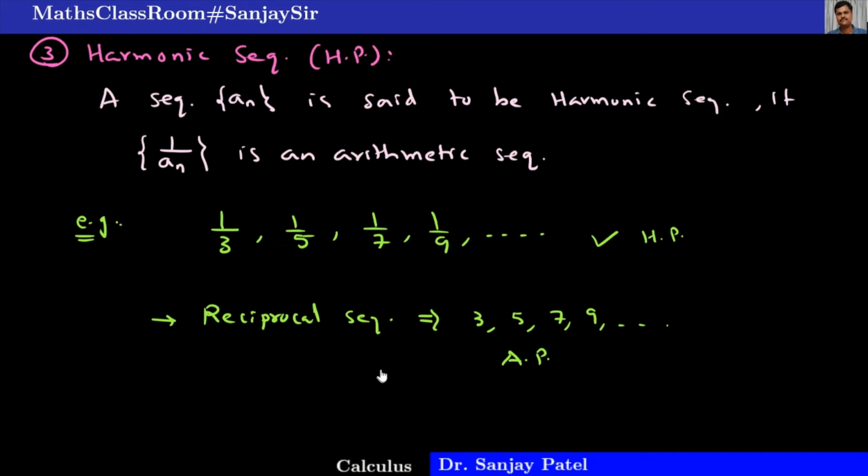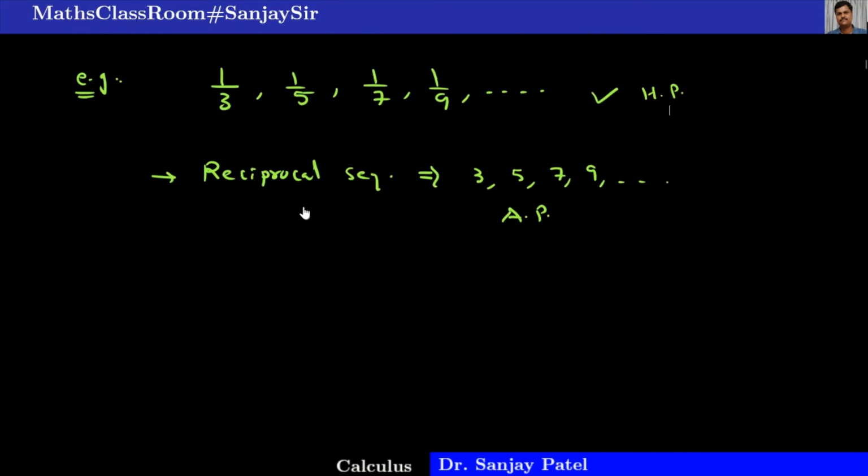Next, we want to understand some special classes of sequences. The first important definition I want to explain is the definition of a bounded sequence. The term is very simple.